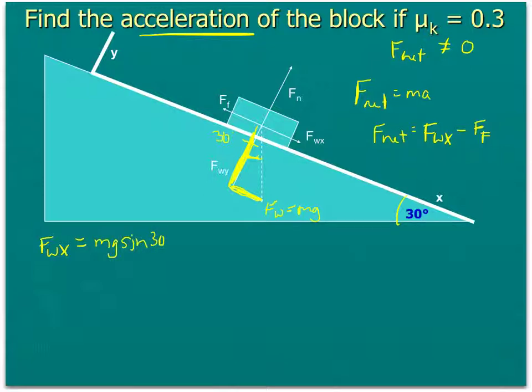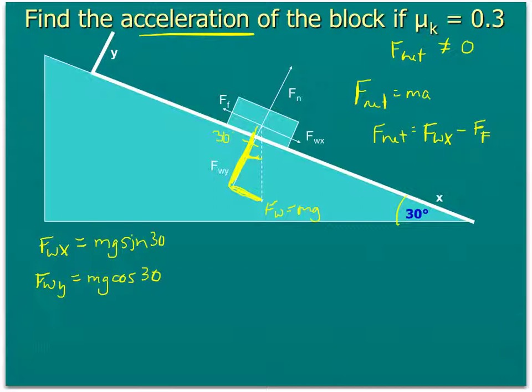And for Fwy, we know that's going to be equal to mg cosine of 30. Now I got those two equations just like I did in the previous problem, so if you need to see that again, go back and watch that part of the podcast again where it will show you how I rearrange the equation to get Fwx and Fwy.